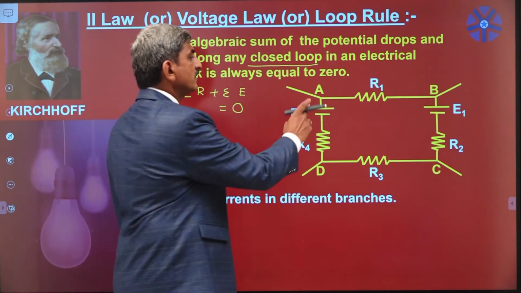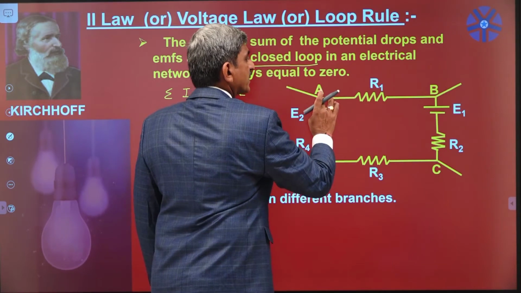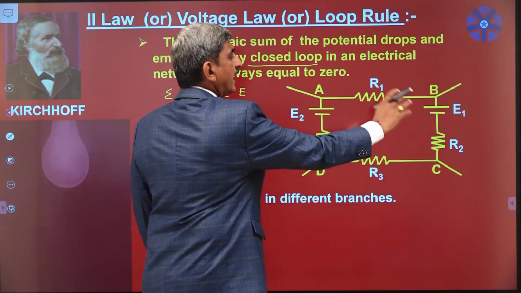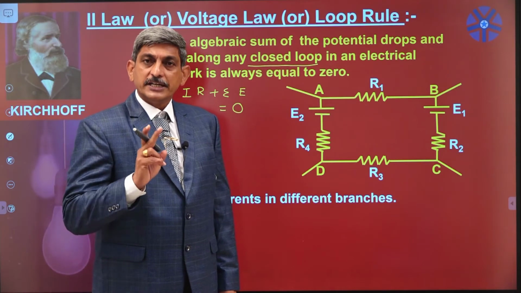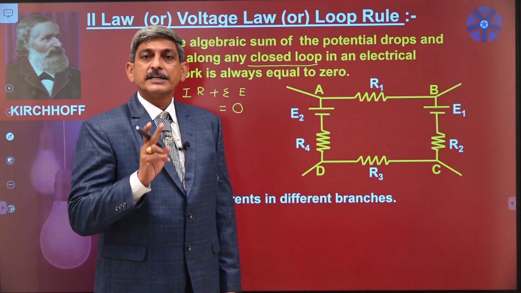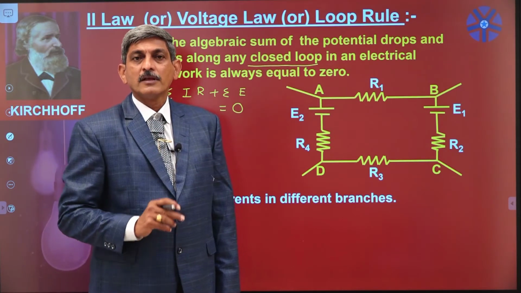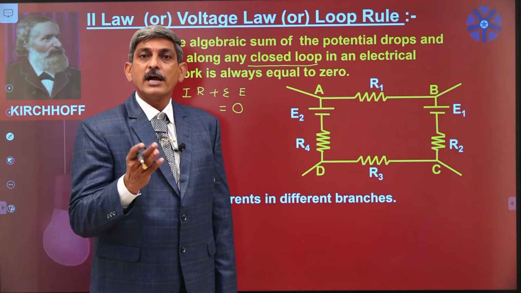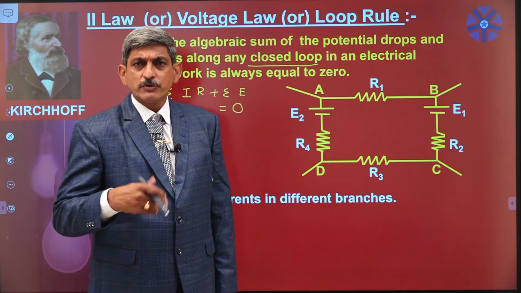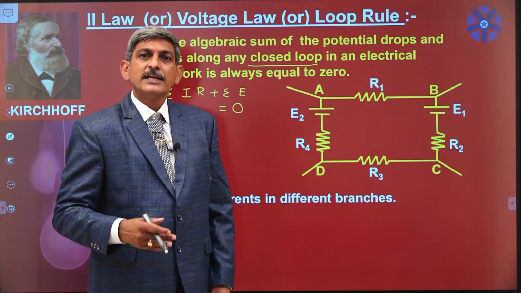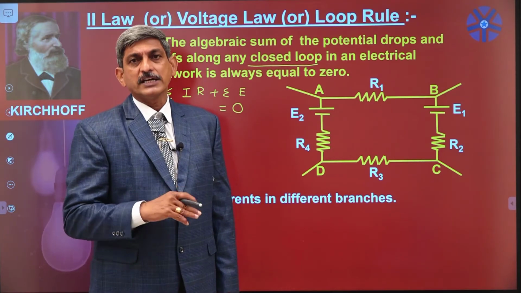See, in the given circuit, there are different junctions A, B, C, D, and different branches. Assume the different currents in the different branches. While assuming the currents, you may have a doubt about what direction we have to take. It is your choice. We can take any direction for the current.